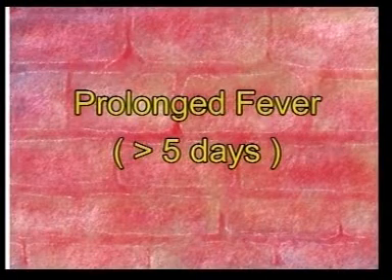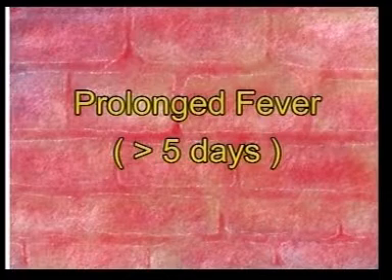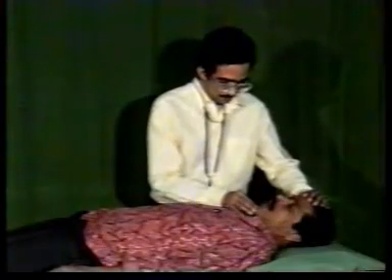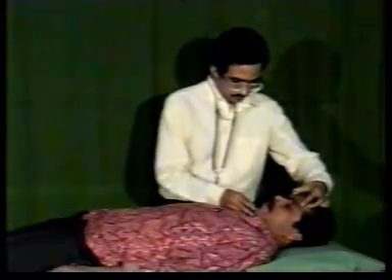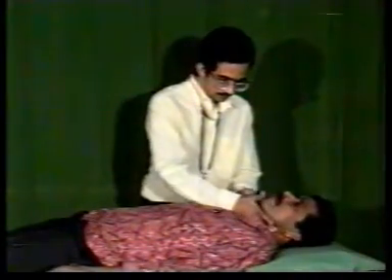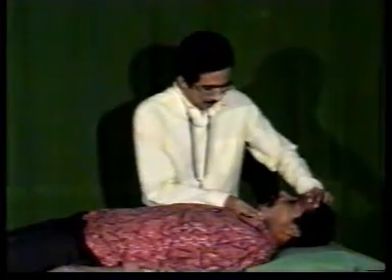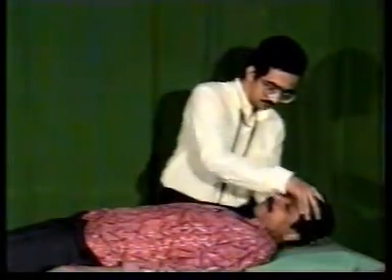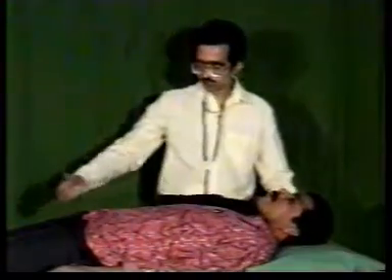If the patient has fever for more than 5 days, look for pallor and jaundice. Examine the throat for tonsillitis or pharyngitis. Look for palpable lymph nodes in the neck. Then test for neck stiffness to rule out meningitis.